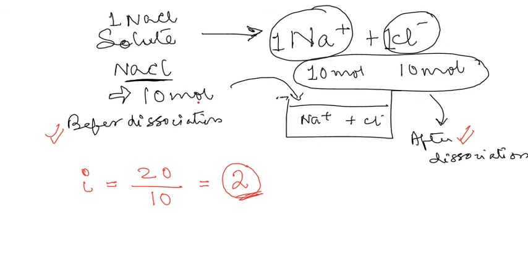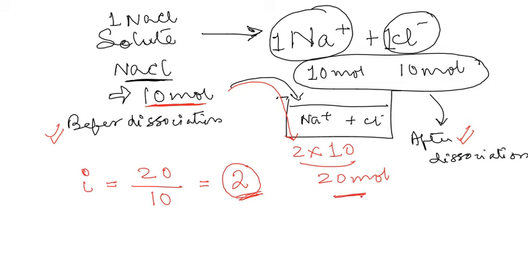Let's say we had 10 mole of sodium chloride, and if we increase it by 2 times, the concentration now would be 20 mole. If the solution is for 1 liter, we could say it is 20 molar.